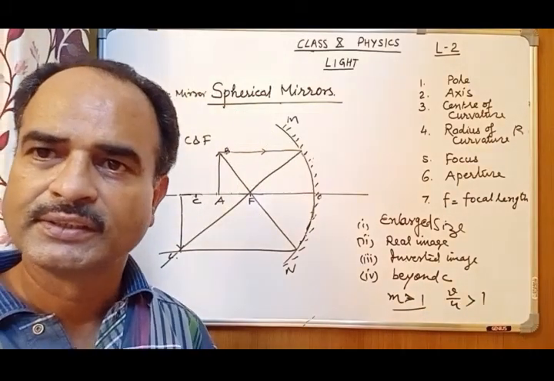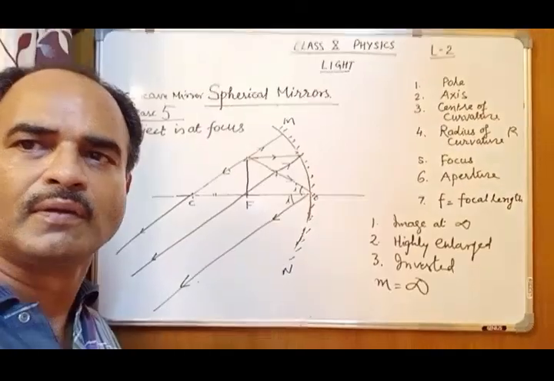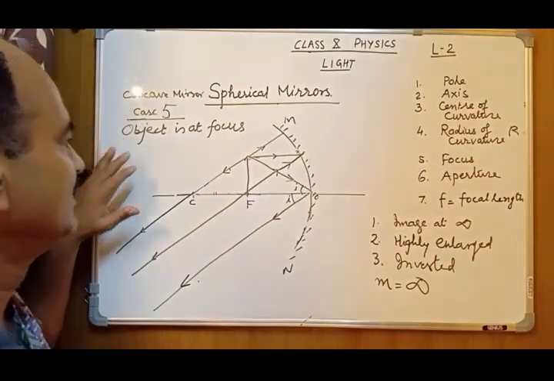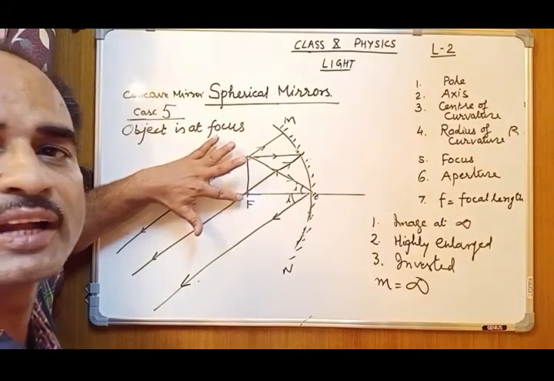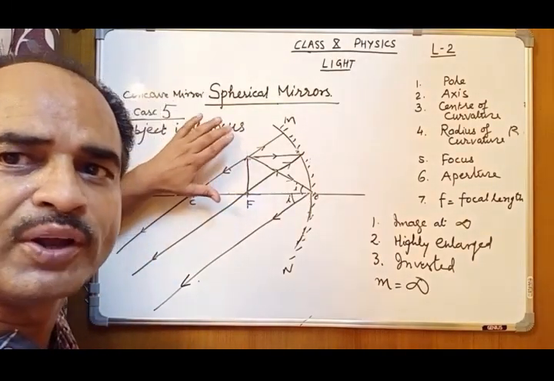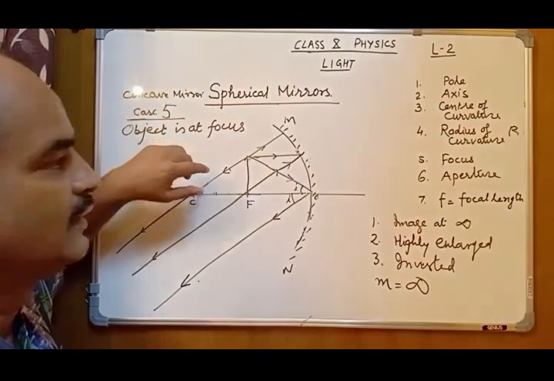This is the fourth case of the image formation. We will summarize it later. So this is a typical case when the object is placed at F. When the object is placed at the focal point of a concave mirror, what happens?